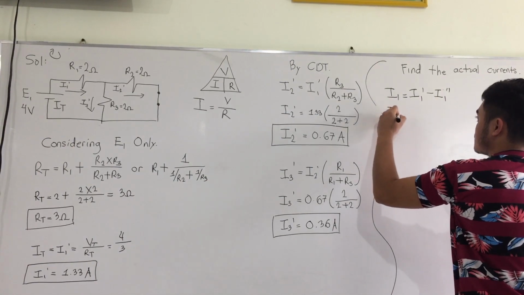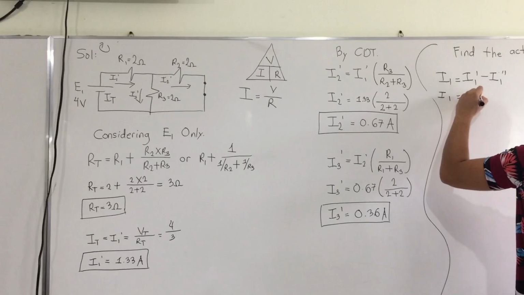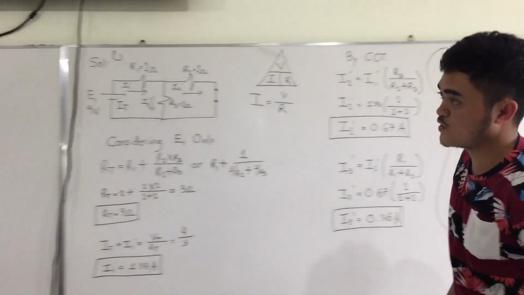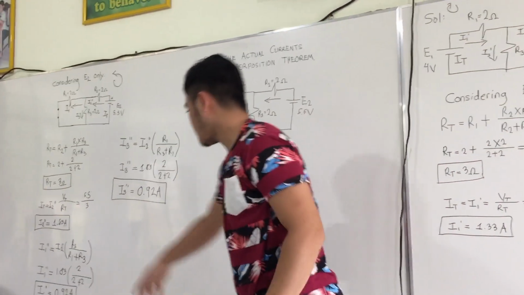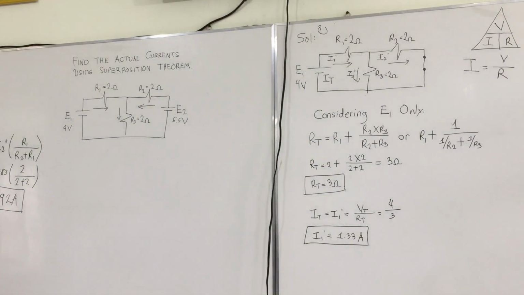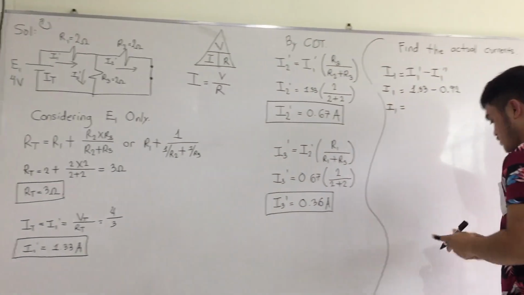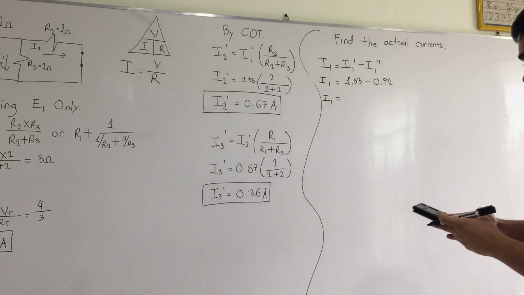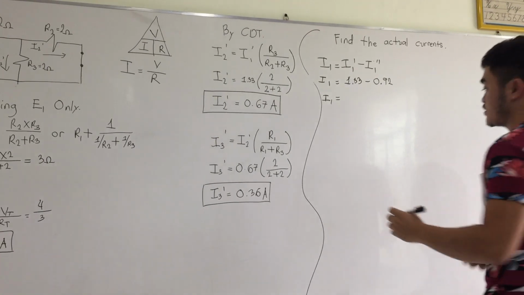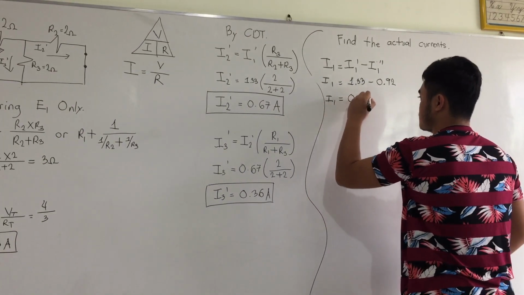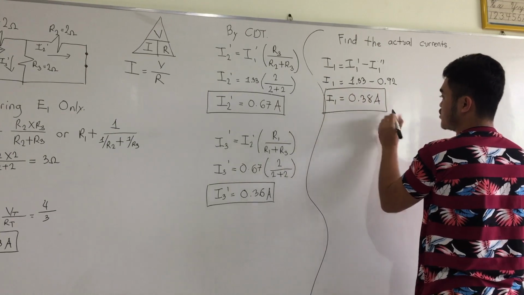So by substitution, we have I sub 1 prime, that is 1.33, minus I sub 1 double prime, our I sub 1 double prime is 0.92 ampere. 1.33 minus 0.92, that is equal to 0.38 ampere. So this is the actual current of the I sub 1.